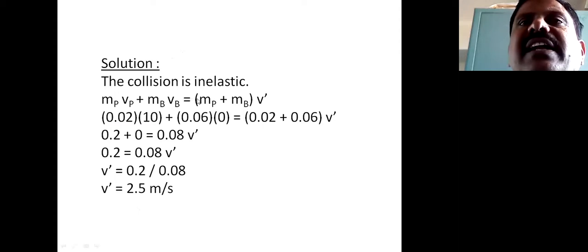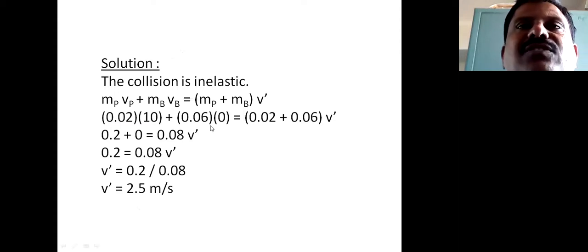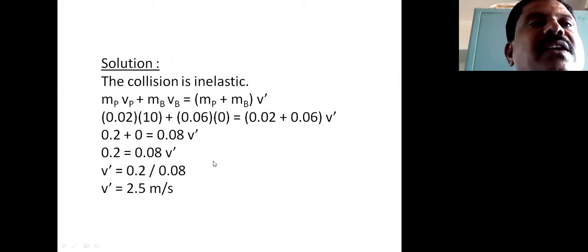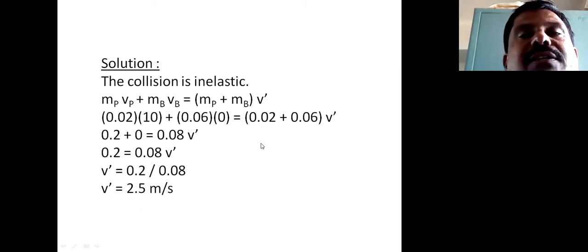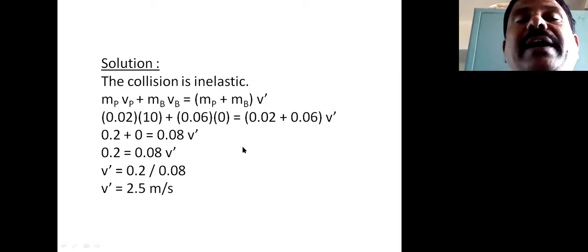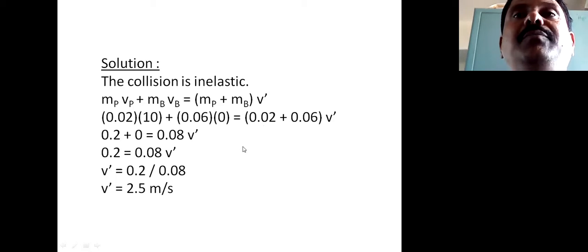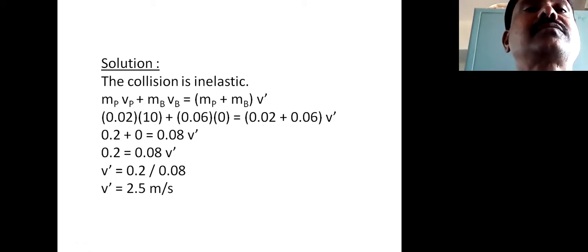The collision is inelastic, so the law of conservation of linear momentum is given by M_P V_P plus M_B V_B equals (M_P plus M_B) times V dash, where V dash is the velocity of the bullet and block together.